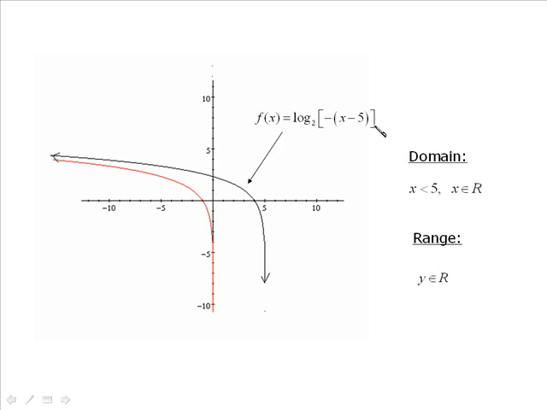So let's take a look at the algebra behind the domain again. We have f of x is equal to the log of 5 minus x base 2. Now you could take whichever form you want, but the key idea is that for y is equal to the log of x base b, x must be greater than 0.